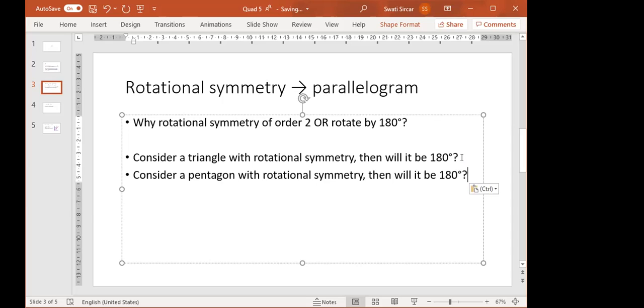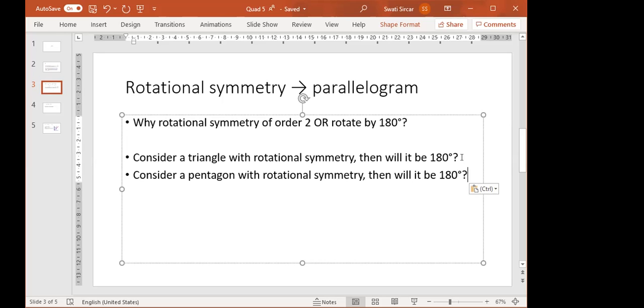Now, what about a pentagon? Imagine. 72 maybe.